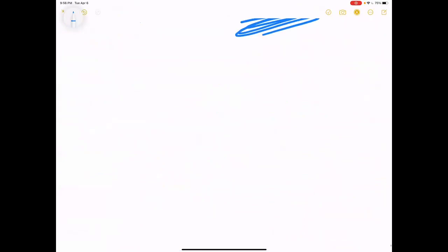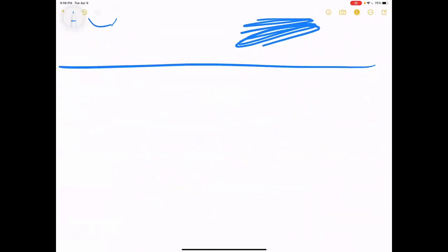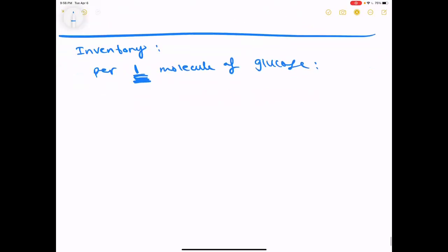All right. Let's do a big, gigantic inventory, per 1 molecule of glucose. All right, glycolysis. Let's make a table: glycolysis, transition, Krebs, electron transport system.